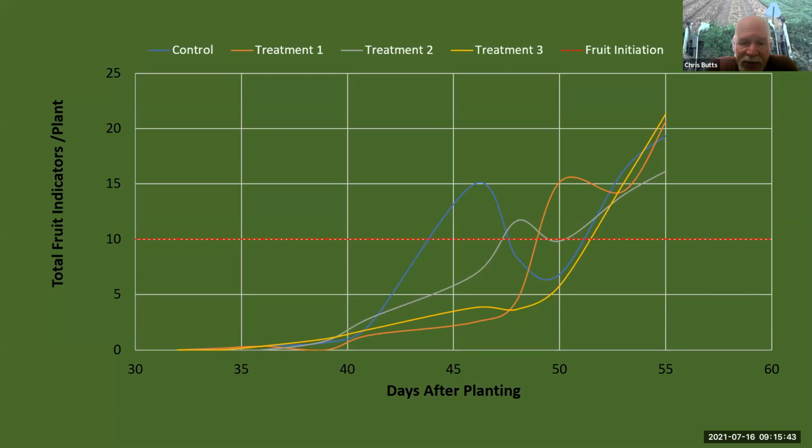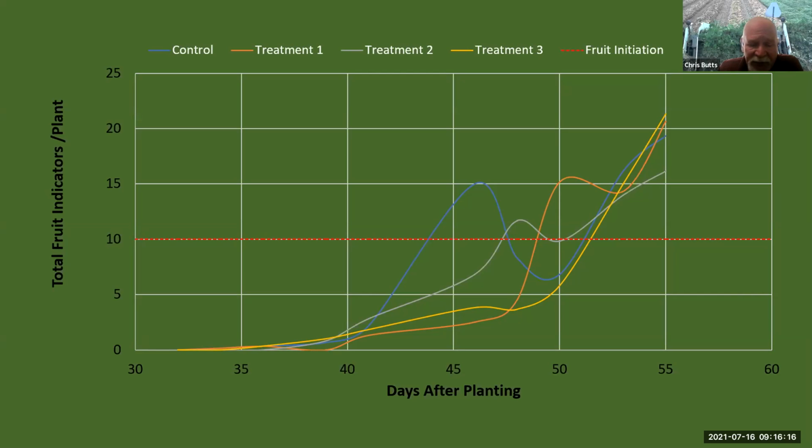And then the next sampling period, we reached a maximum of 15 fruit indicators. But then a sampling later on at about 48 days, we were down back to about 6 fruit indicators. So was it sampling? Was it what actually occurred? But anyway, you can see those sort of inflections for just about all of the treatments, with the exception of the treatment where we went to 200 kilopascals.